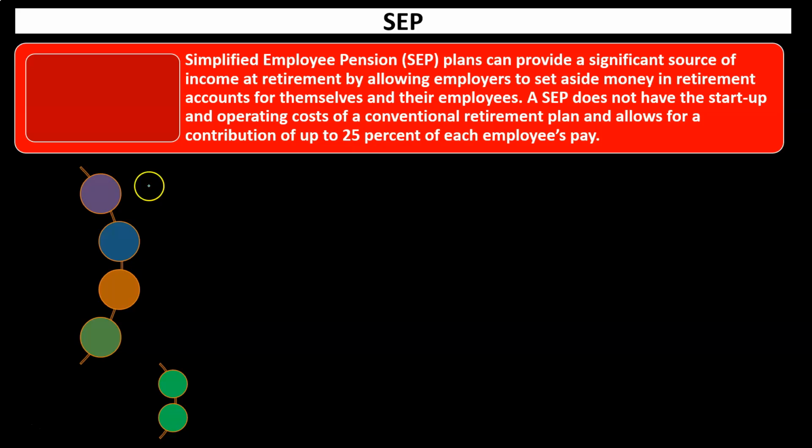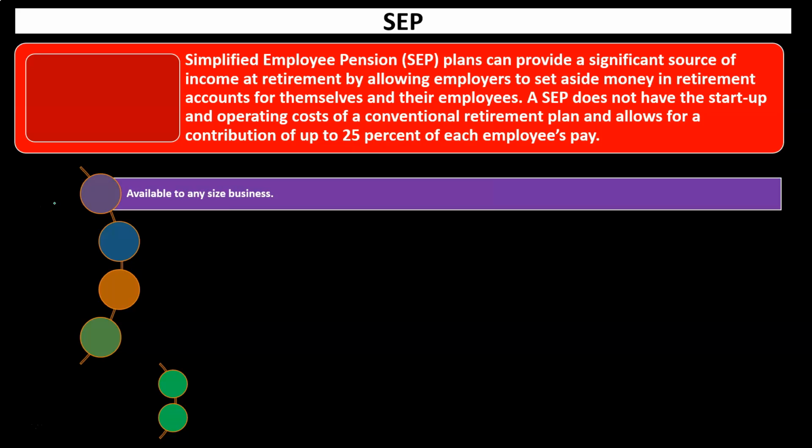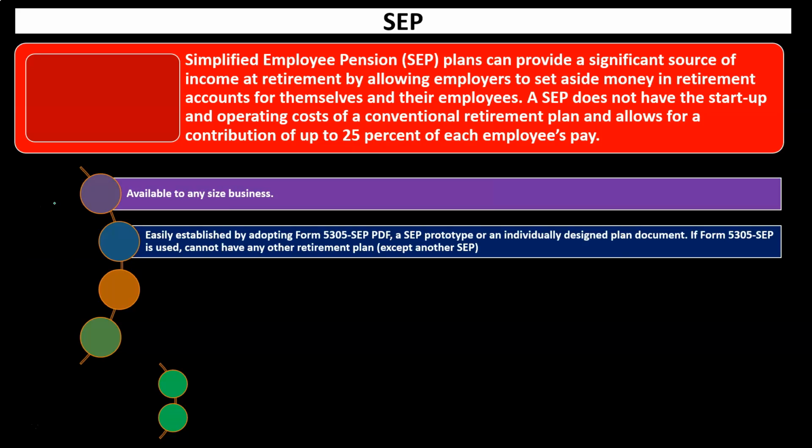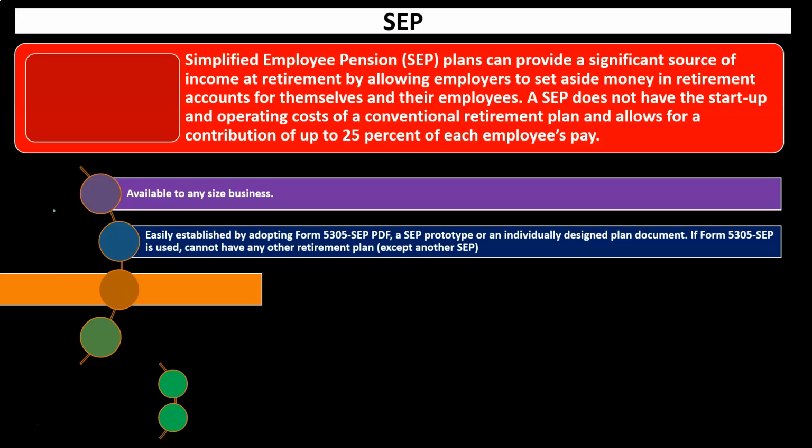So up to 25% of the employee's pay, available to any size business, easily established by adopting Form 5305-SEP, a SEP prototype, or an individually designed plan document. If Form 5305-SEP is used, you cannot have any other retirement plan except another SEP.